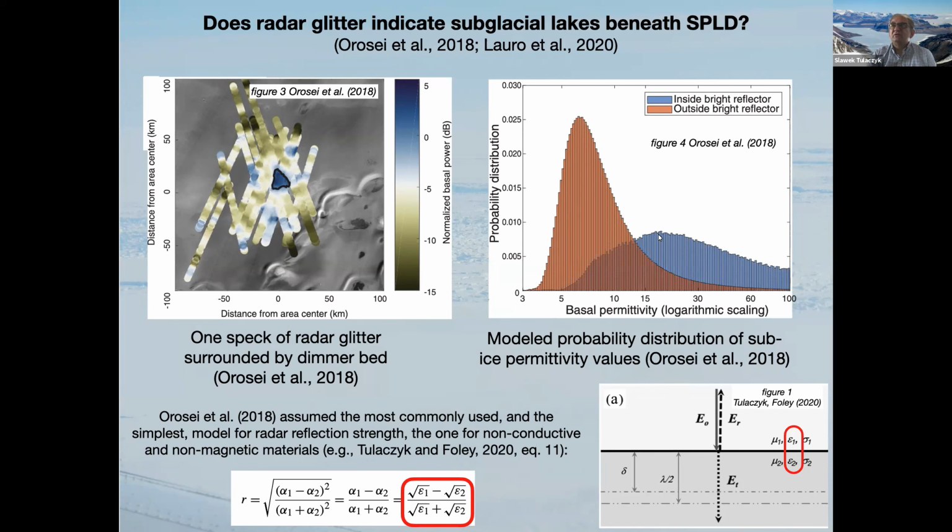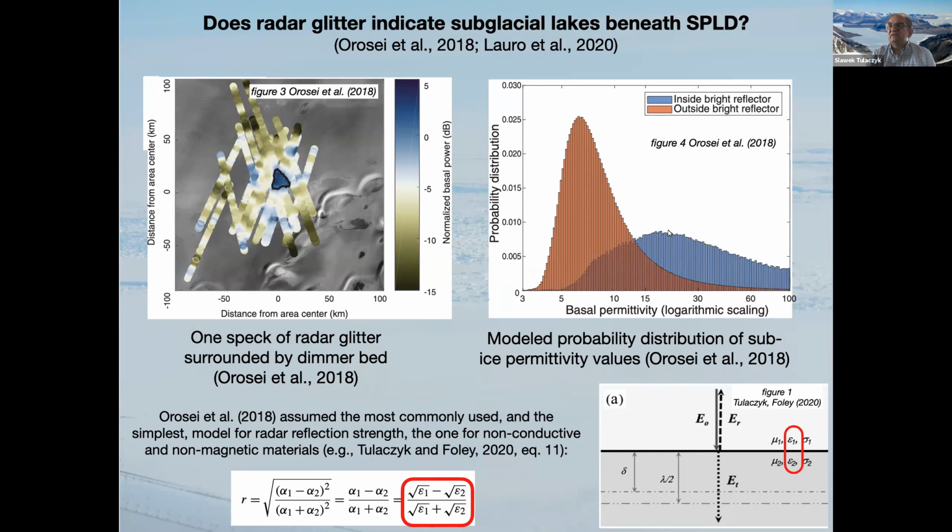So that's the brown versus blue. And the x-axis shows you basal permittivity. So the calculated basal permittivity that explains the reflection, from their probabilistic model. And you're looking at permittivities that are dozens of units of relative permittivity. So dozens of times greater than the permittivity of empty space.